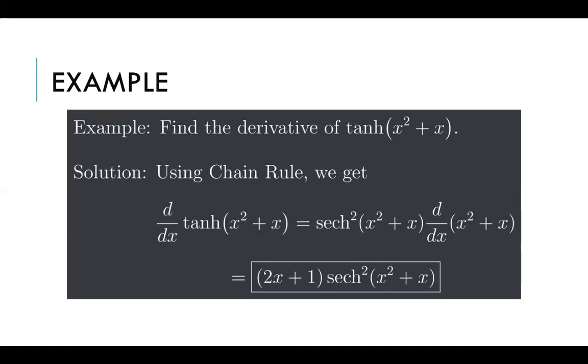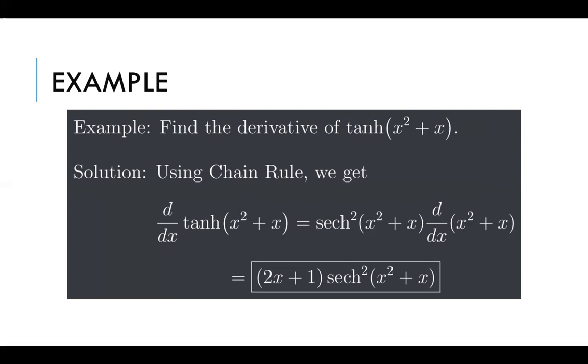Lastly, we have this problem. Find the derivative of hyperbolic tangent of quantity x squared plus x. So we utilize the chain rule again to get the first derivative of hyperbolic tangent quantity x squared plus x is equal to hyperbolic secant quantity x squared plus x, squared, multiplied by the first derivative of the term inside the hyperbolic tan.